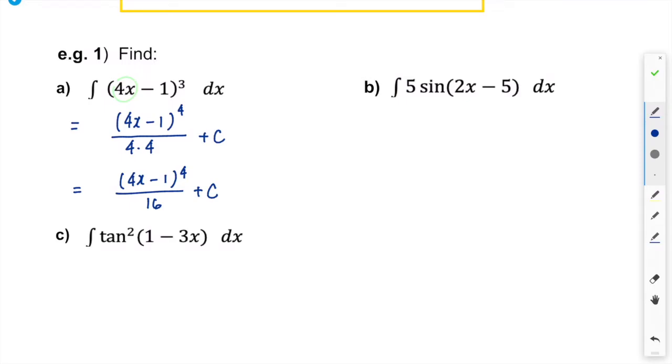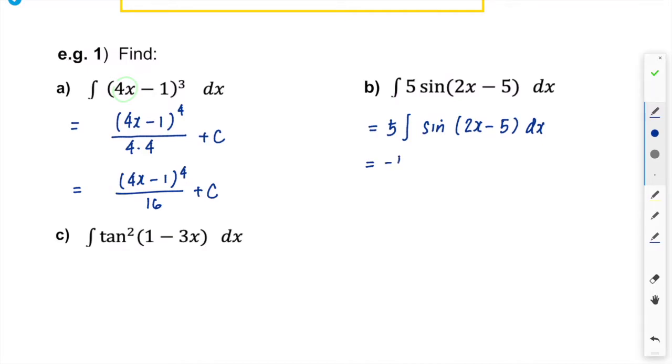Question B. Let's integrate 5 sine (2x minus 5) dx. I can pull out the 5 if it's a distraction so that we can focus on the integral of a sine function. We know that when we integrate sine, we get negative cosine.